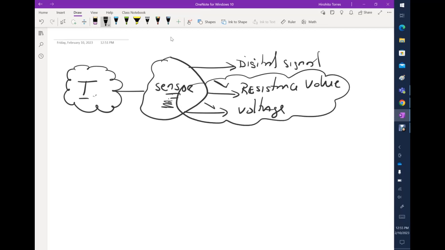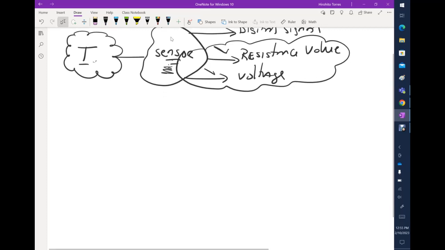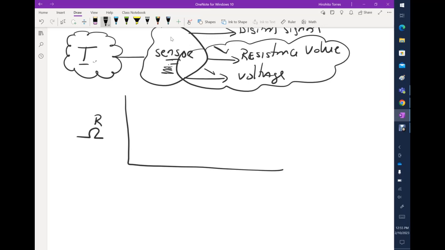Let's say that you have a thermistor. A thermistor, you remember, looks something like this, where the resistance value, in ohms, will change according to temperature. A typical curve of a thermistor looks like this.